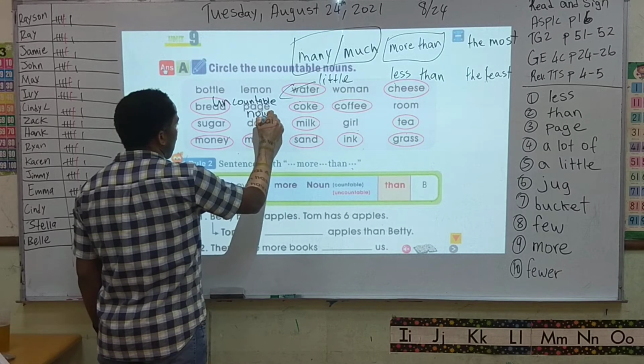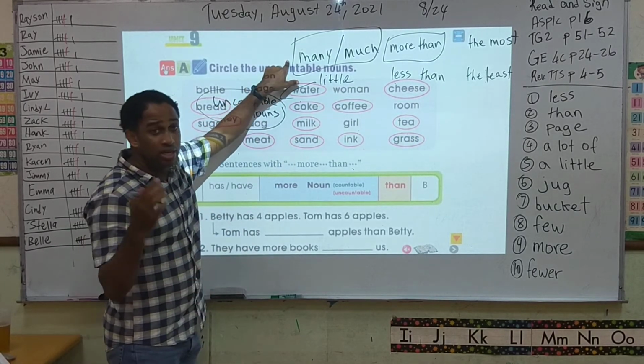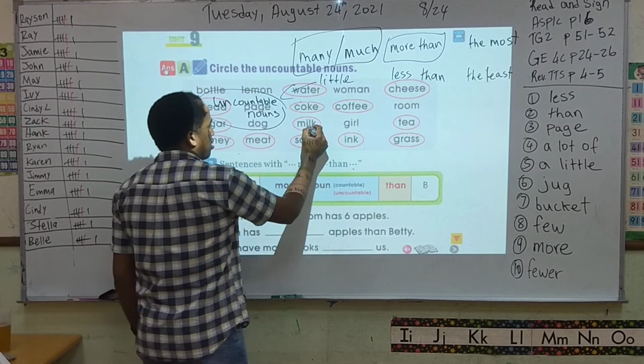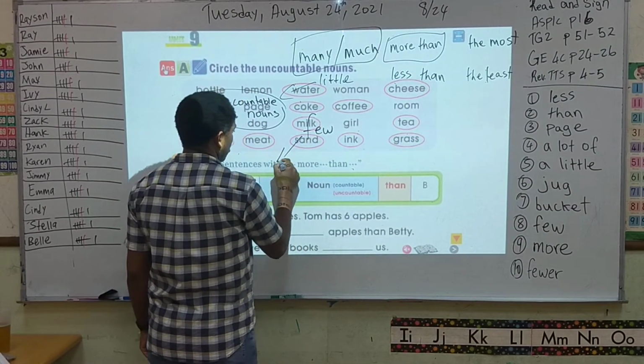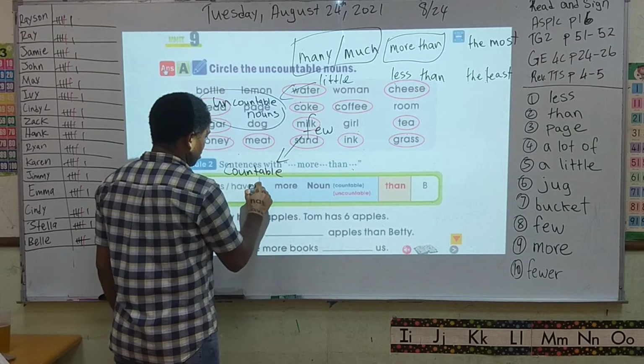Uncountable nouns. This is for both countable and uncountable, and you have few. This is for countable nouns.